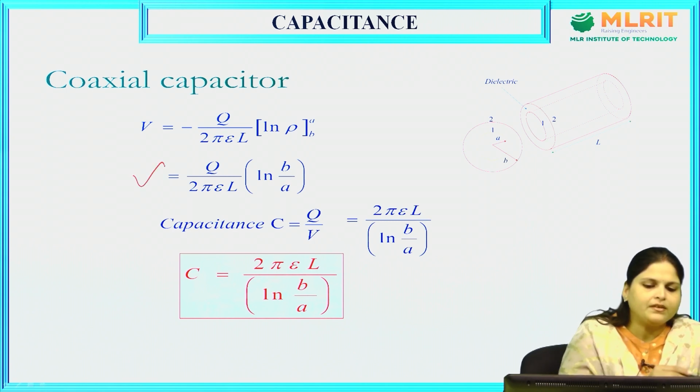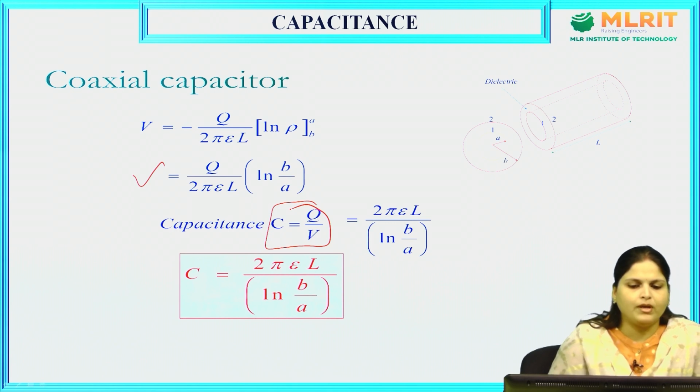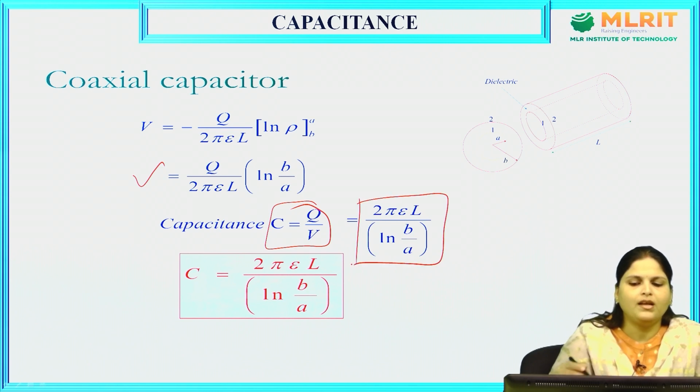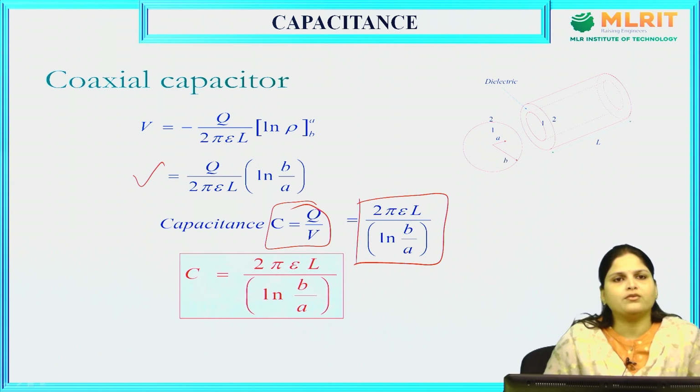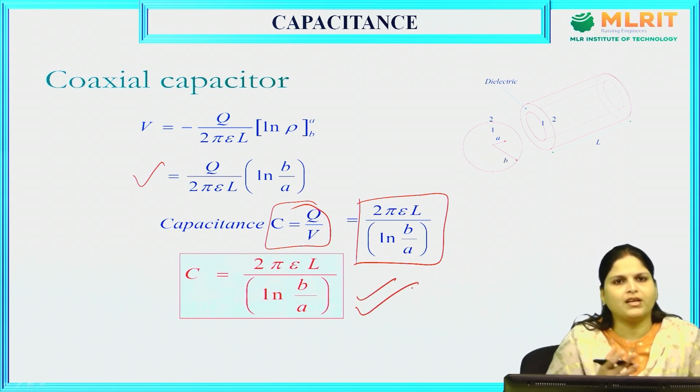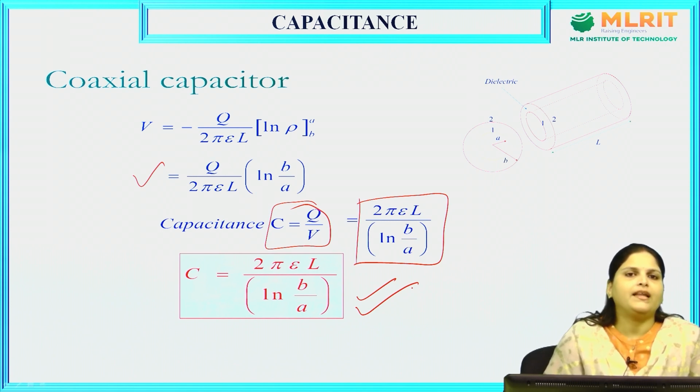So, this is V. Now, from here we can obtain the formula. When we put it in the V value, this Q will get cancelled, 2 pi L epsilon will come in numerator, and this is the final formula. So C for coaxial capacitor is 2 pi epsilon L upon ln b by a.